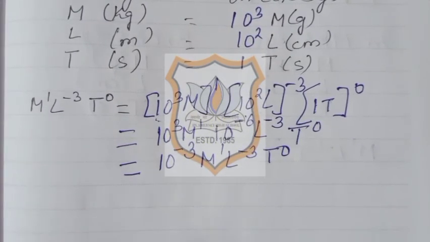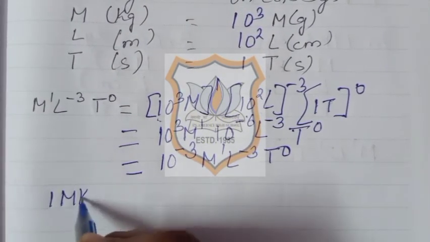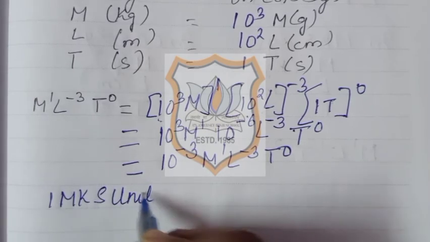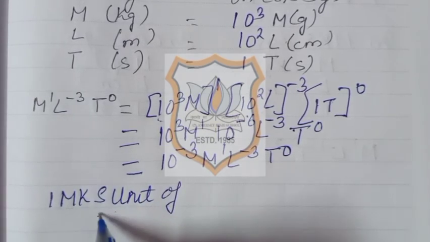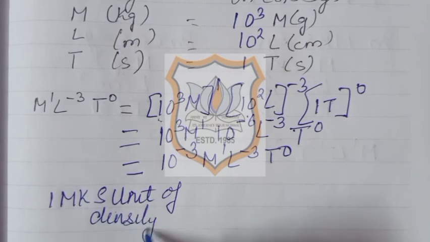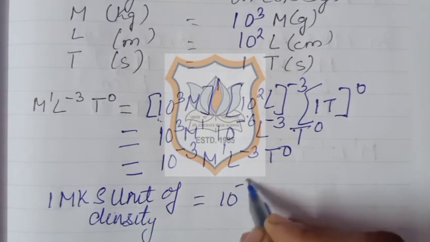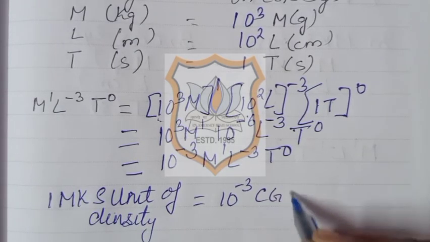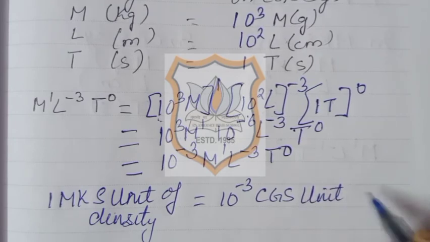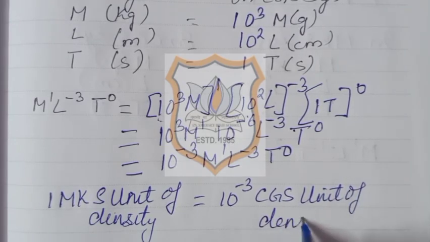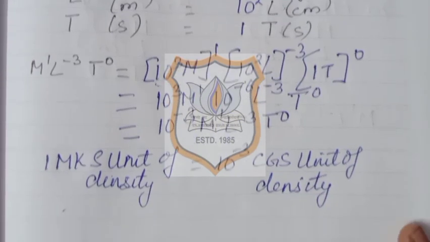So what are we getting? 1 MKS unit of density is equal to 10 raised to minus 3 CGS unit of density. Now what is density? Mass upon volume.